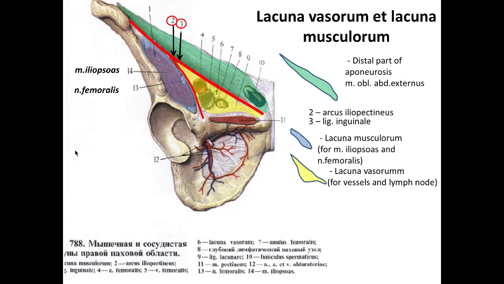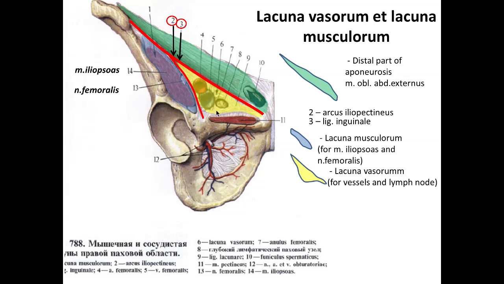An important question which we need to discuss: when we compare these two vessels, artery and vein, which of them is medially located? Sure, you can see that medially located is vena femoralis.